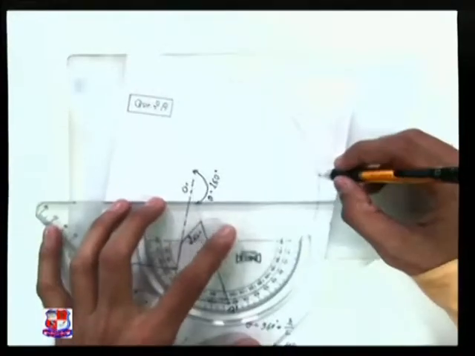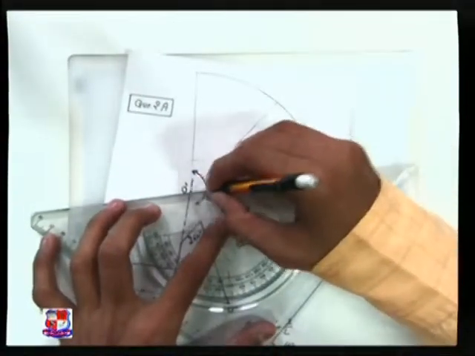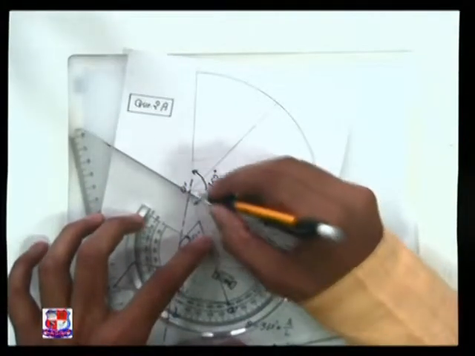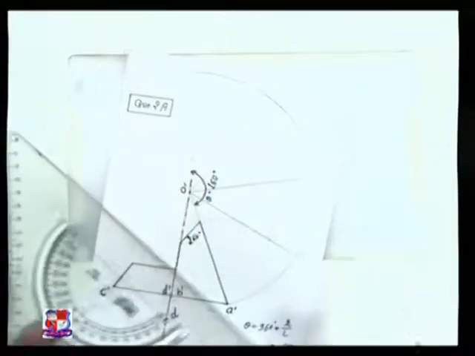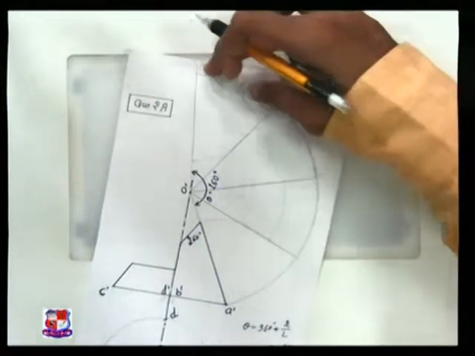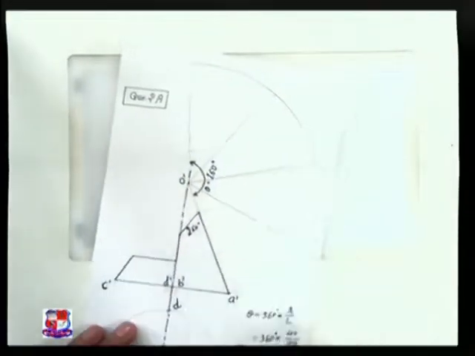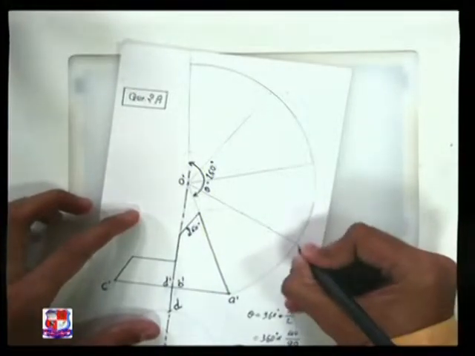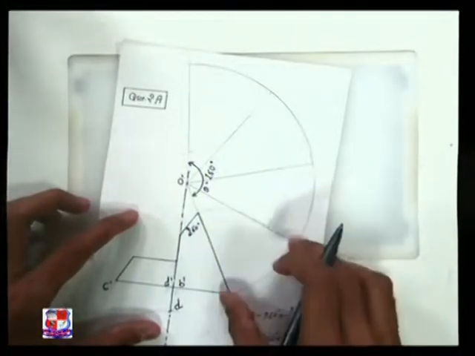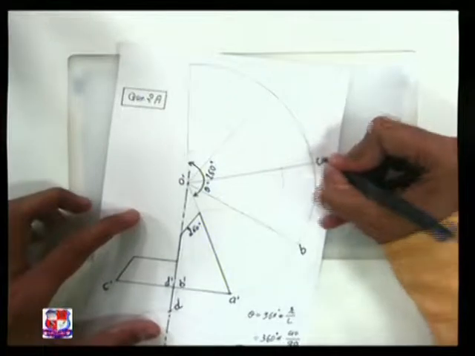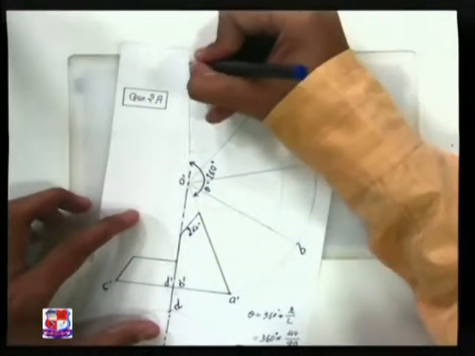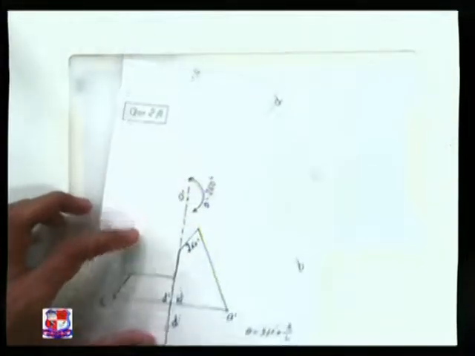This is one line, this is another line, and this is the third line. So we have divided this angle of 160 degrees into 4 equal parts, 1, 2, 3 and 4. Here the first portion is AB, then BC up to here, then CD, and again back to A, ABCDA.